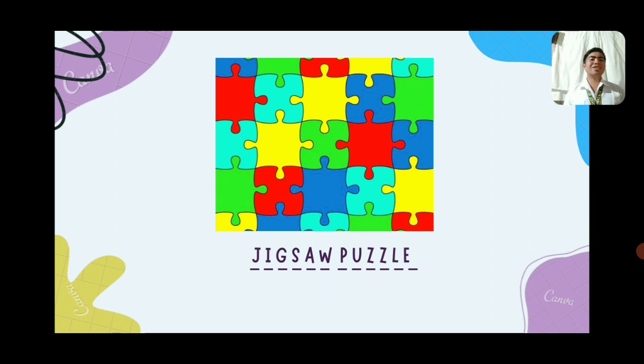Do you think that this puzzle will form what it is supposed to be? Of course, we will answer, it will not. It will never form what we desired in that jigsaw puzzle if even one piece will be lost.